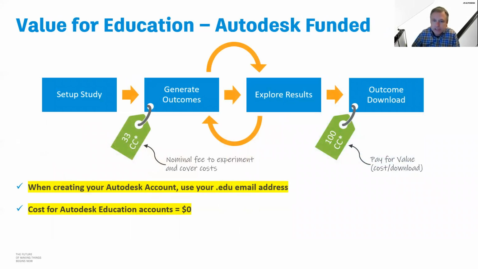Then lastly here, I want to talk a little bit about cloud credits. When we send that study up to the cloud, a dialog box is going to pop up and it's going to ask you about cloud credits. A cloud credit is another way of saying $1. The good news is when you're logging in with your purdue.edu email, we are never taking your credit card.